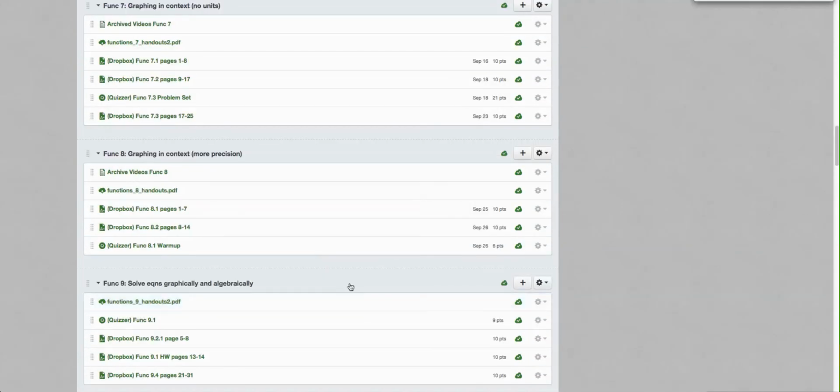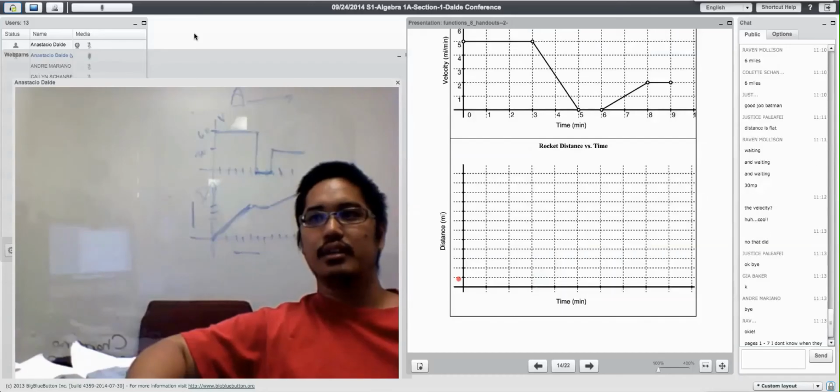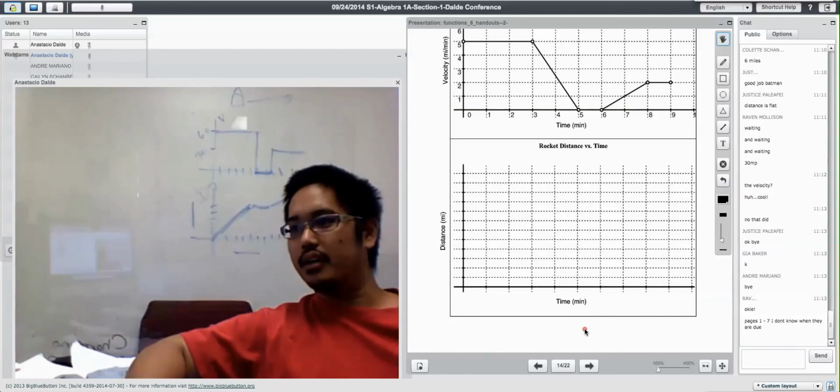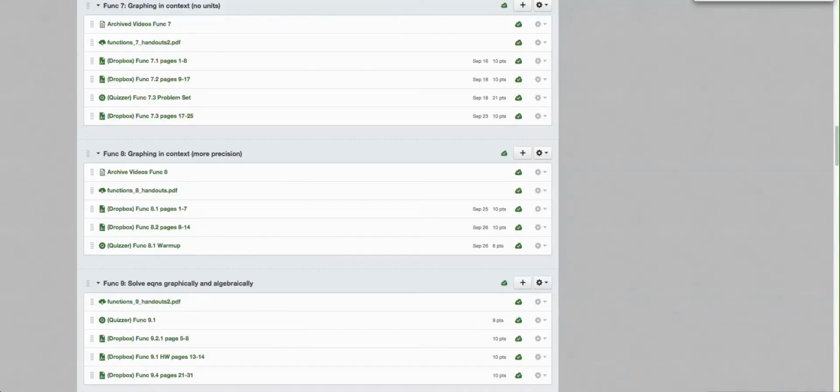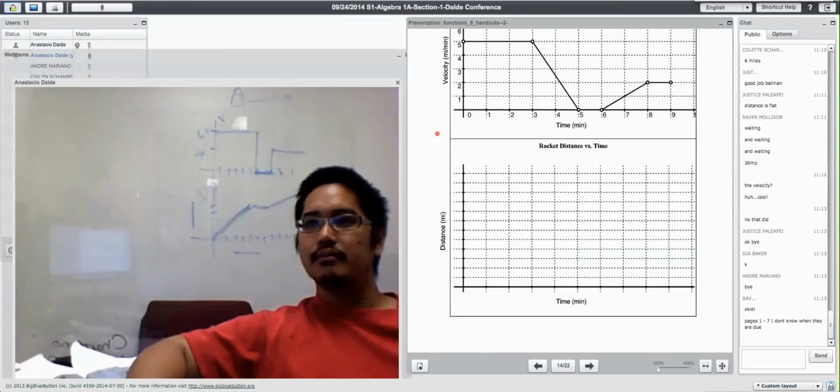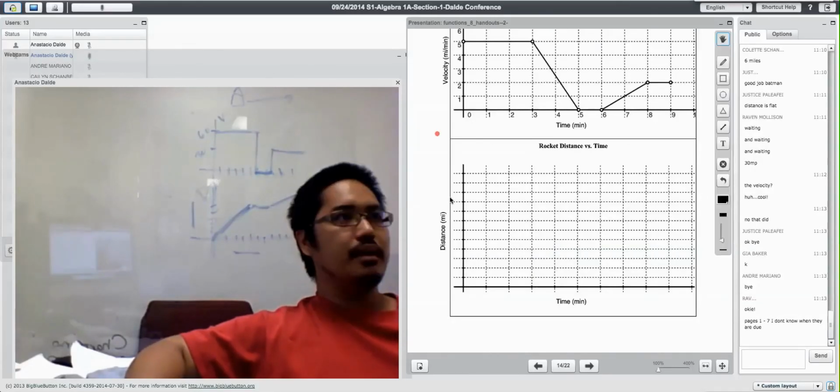In the class, I made functions pages 8 through 14 due on Friday. And we got up to page 14. Okay, that sounds fair. You guys should be able to do that, because I just lectured up to page 14.